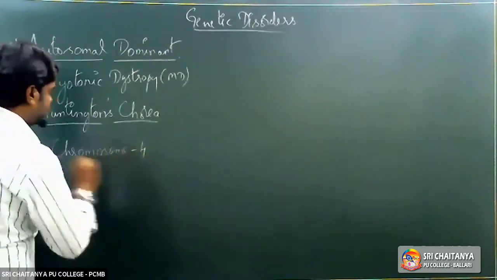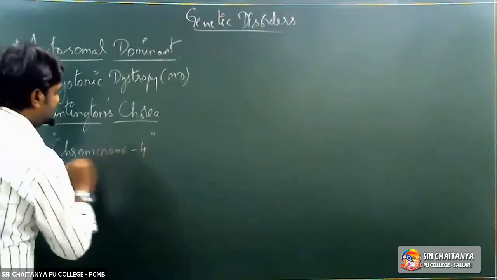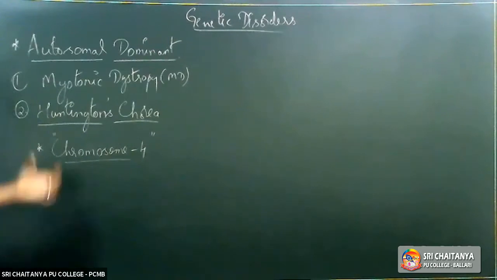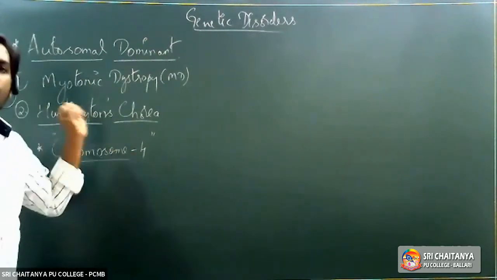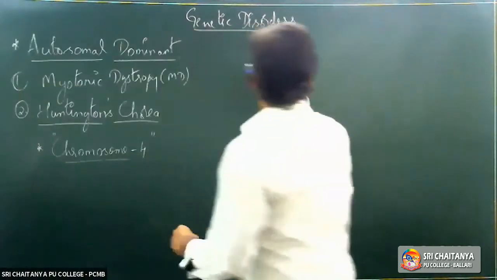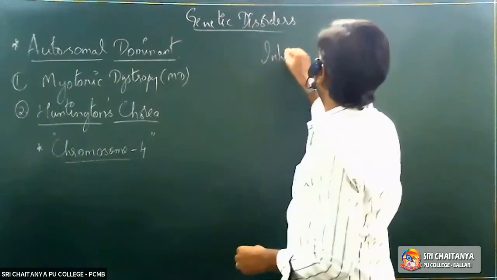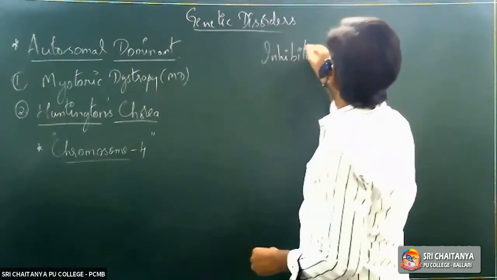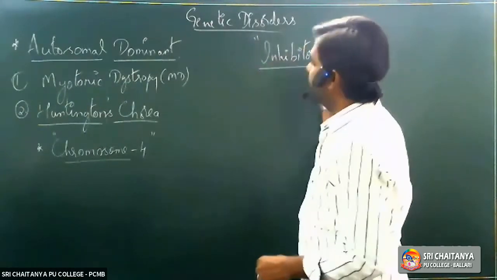Due to mutation in a gene located on chromosome number 4, an inhibitor is being synthesized because of this sort of mutation.